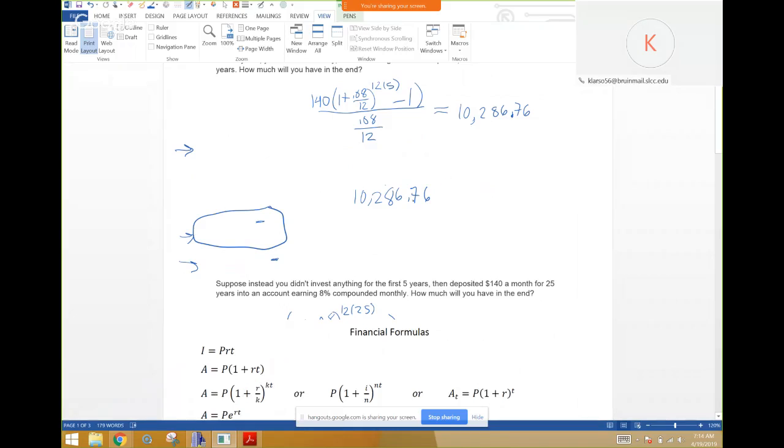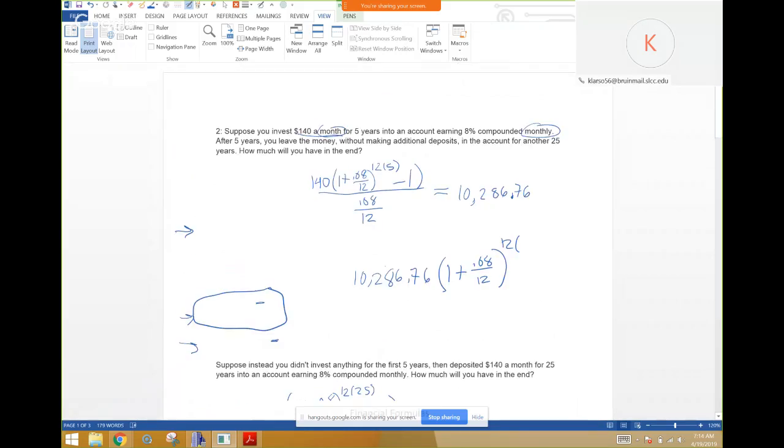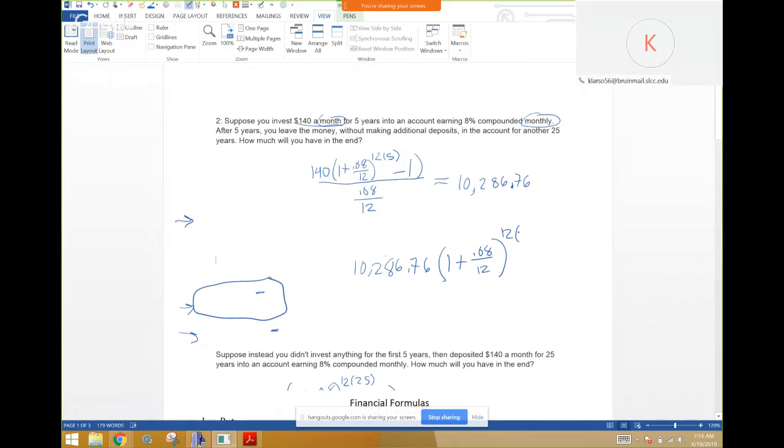So this is our P now, our principal. We'll do 1 plus r. r is the same rate as before, 8%, still compounding monthly. Then it said 25 years, so 25. And then we'll figure out what that is.